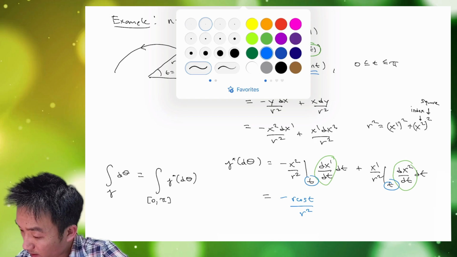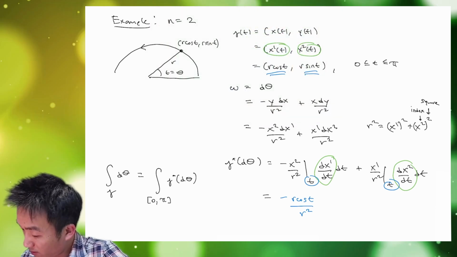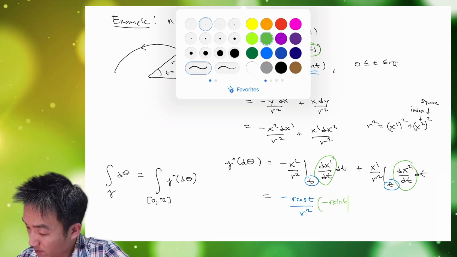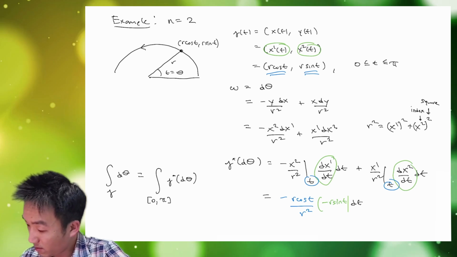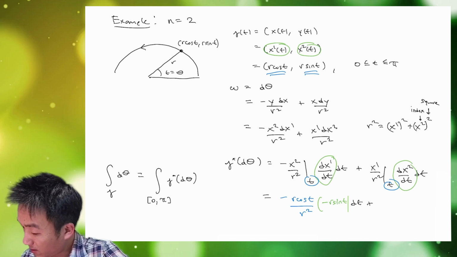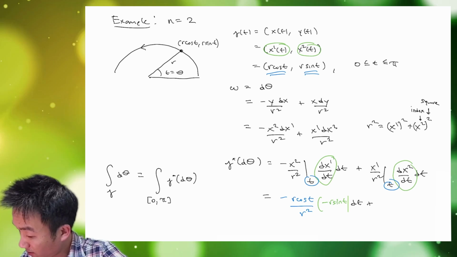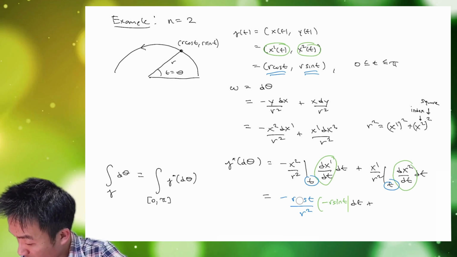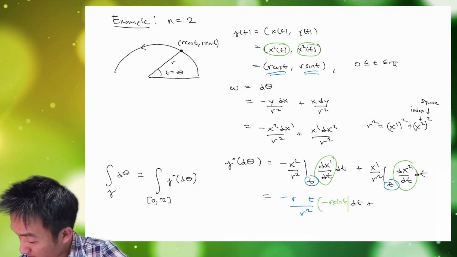And then for the derivative terms, when I differentiate dx1 with respect to t, I'm going to get a minus r sine t, and then plus, likewise for the second term here, sorry, this is an x2 over here, and x2 is the sine term.